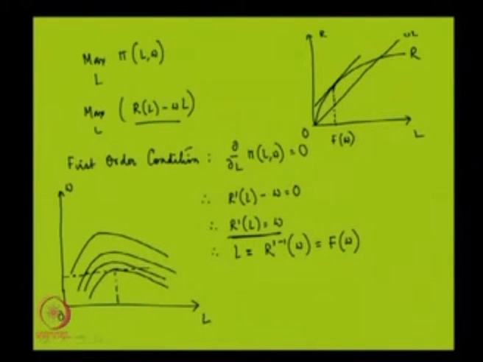So, if I have different levels of W, I am essentially getting different levels of optimal L, and this is the line that connects all these optimal L's, and this is the line which is nothing but f of W. Here f as a function of W is just the other way around.